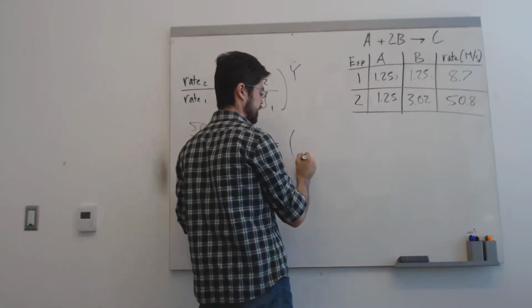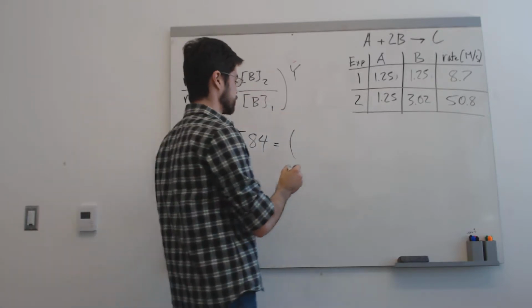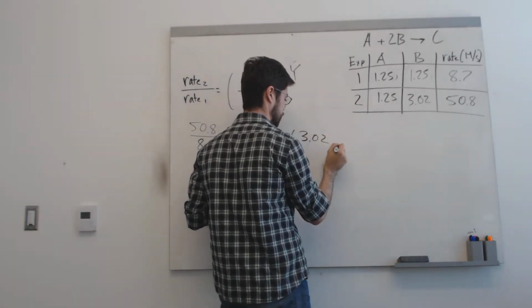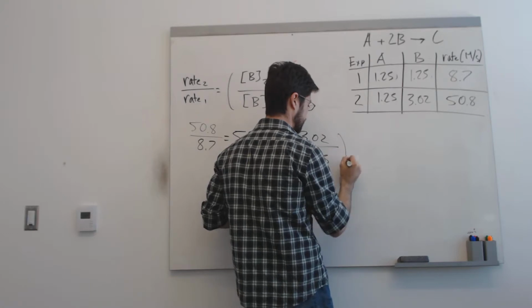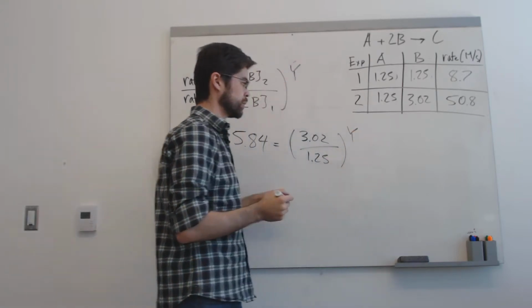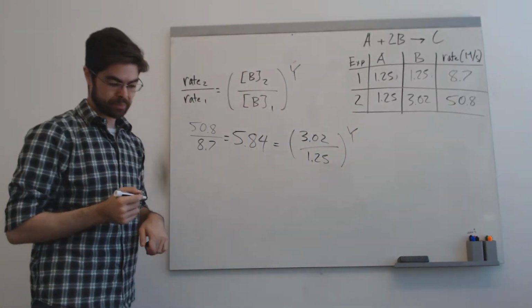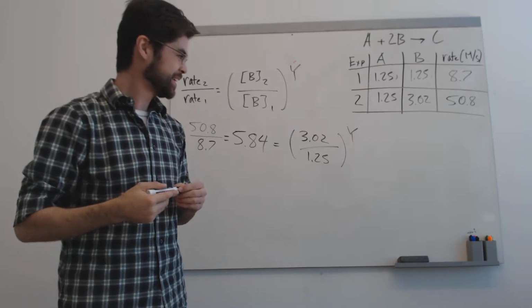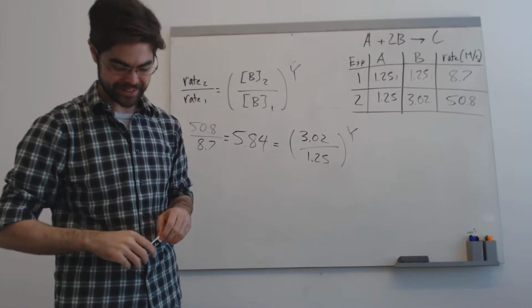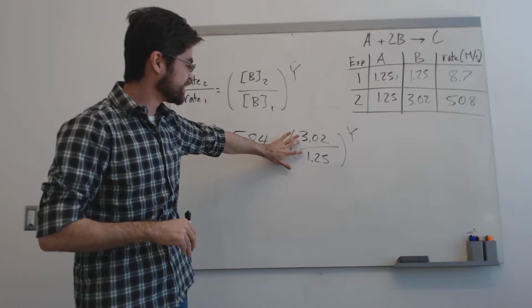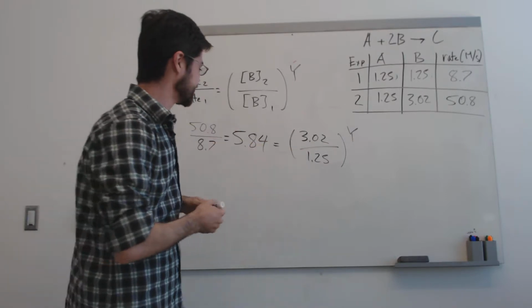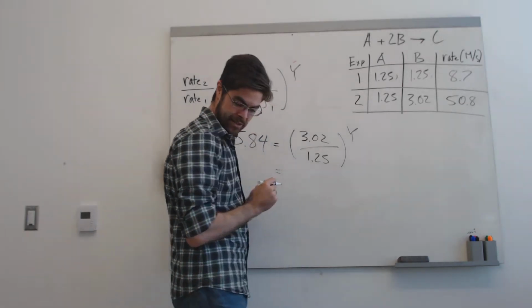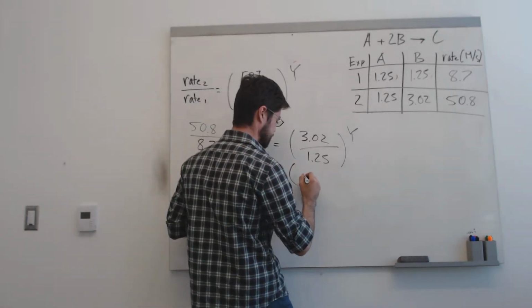This factor here ends up being 3.02 divided by 1.25. Again, it needs to be equal to that raised to the yth power. Anyway, this factor here is going to be equal to 2.146.